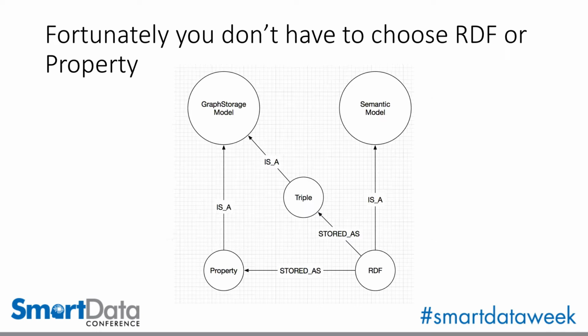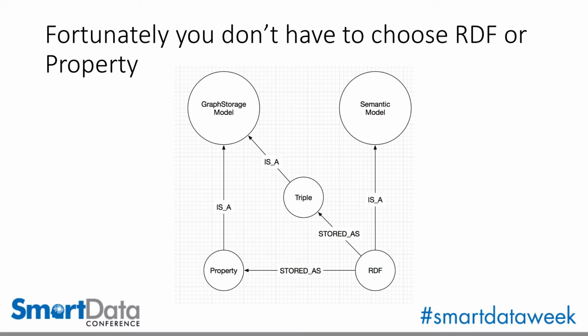So on the storage and the semantic model, it's good that you don't necessarily have to choose. It's interesting, RDF is a semantic model, and it's stored as a triple store. So you'll see different vendors offering RDF stores, but really that's a triple store, and there are many ways that you can implement that triple store. So most of it's about the shape of your data.